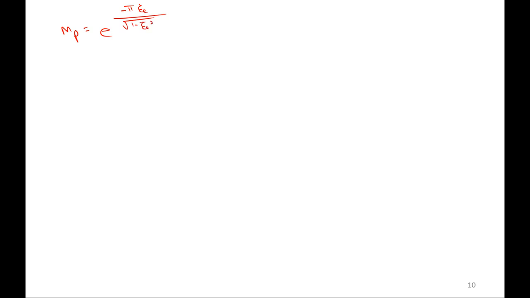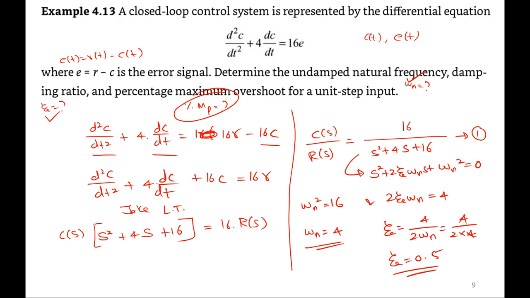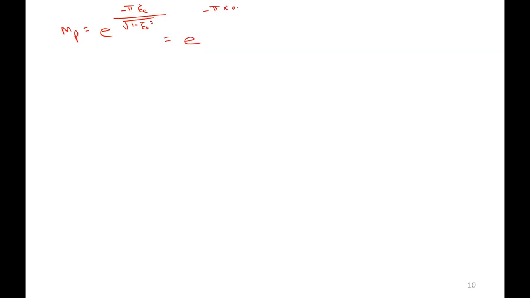You have to remember the formula, there is no other alternative, right? So e to the power of minus pi into z, which is 0.5, divided by root of 1 minus 0.5 square. We'll find out how much we get.